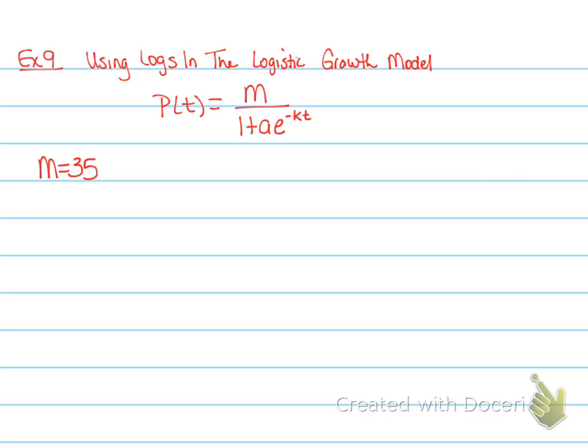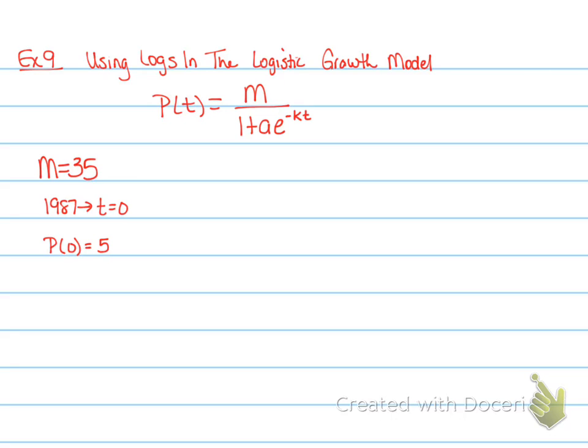In 1987, the world population was about 5 billion. So that's going to be our starting point. So 1987 is where T is going to equal 0. And so that means that the population at time 0, P of 0, is going to equal 5 billion.